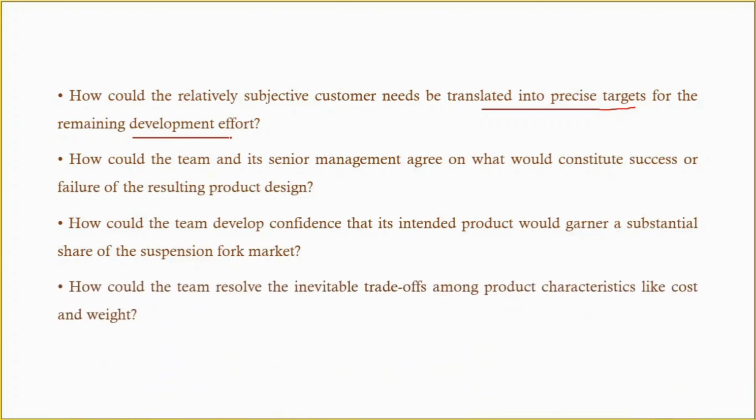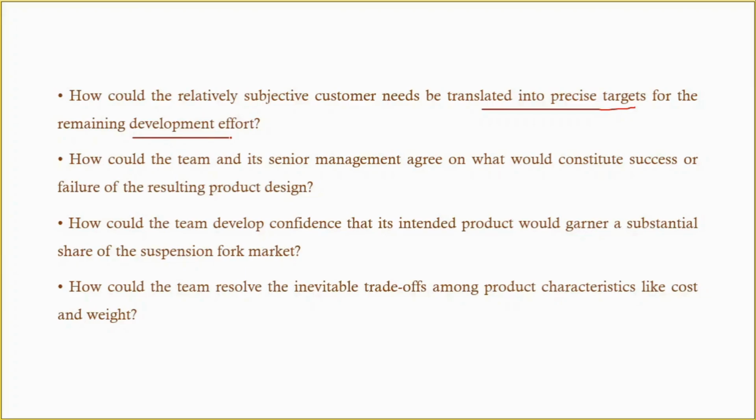Then the next question: how could the team resolve the inevitable trade-offs among the product characteristics, like cost and weight? Ultimately, these were the challenges that the team had while having the discussion.